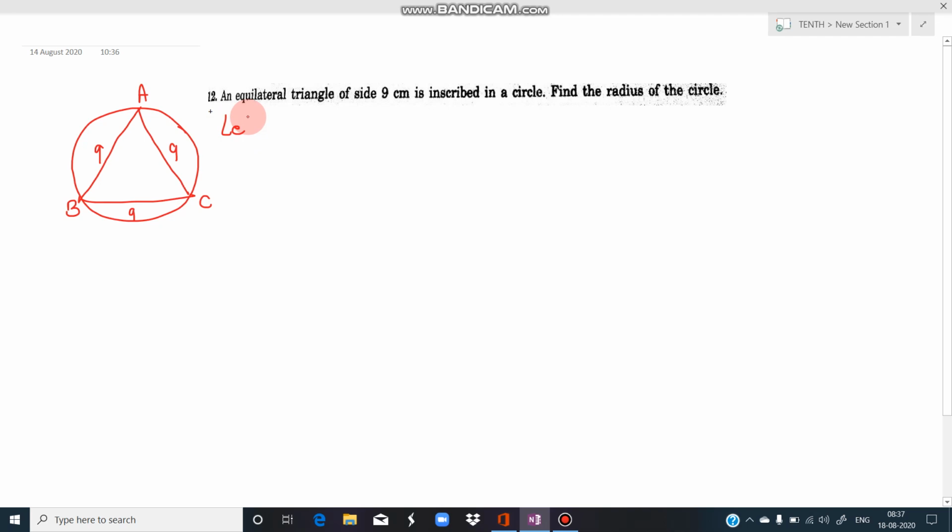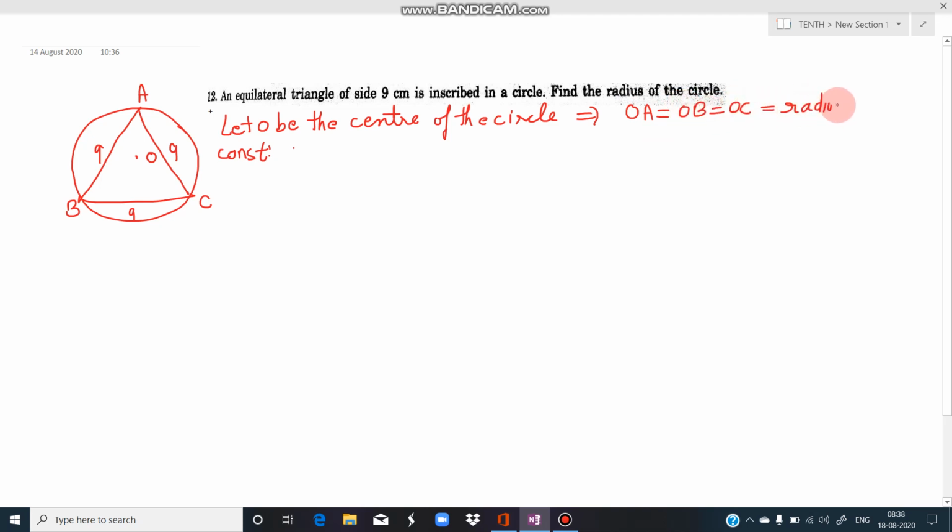Now we take here the same way. Let O be the center of the circle. The same lines, same thing, same properties. So we have taken O as the center of the circle. Then we do a construction. If O is the center of the circle, it implies that OA, OB and OC will be the radius, isn't it?